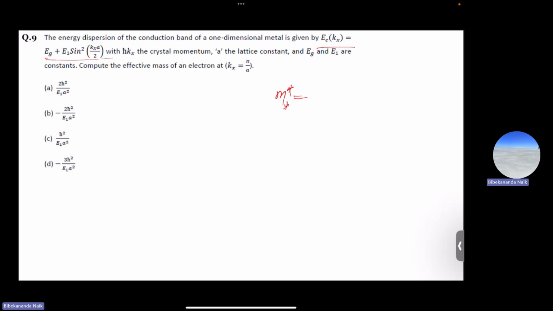This question is based on the band theory of solids. I will give a few minutes to try this question, and then I will discuss. I will also discuss the effective mass, and why effective mass is important.